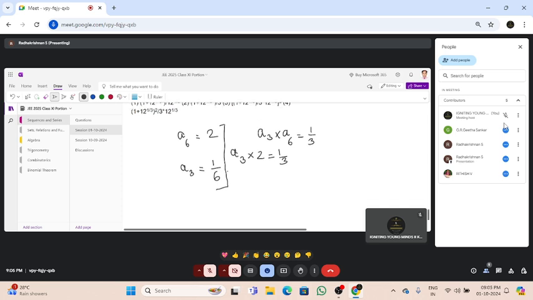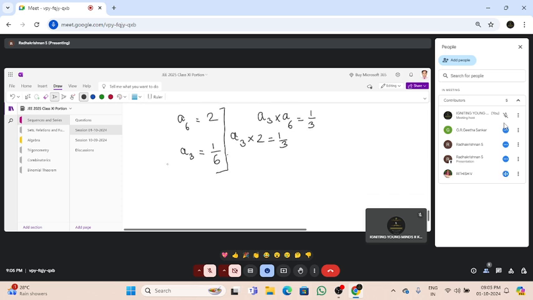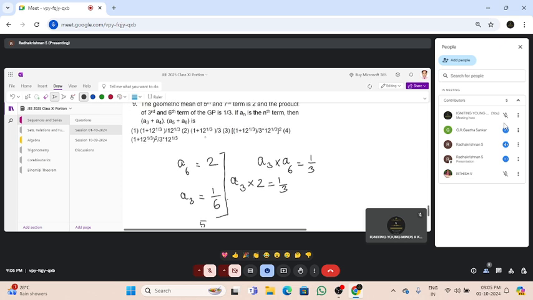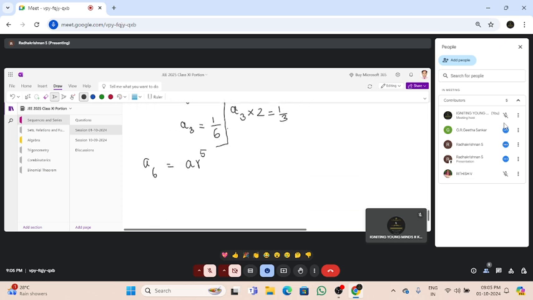So for the sixth term, n will be 7. இல்ல, n வேண்டாம். a6க்கான ஃபார்முலா என்ன? a into r power 5. First term into r power 5 தான் a6.